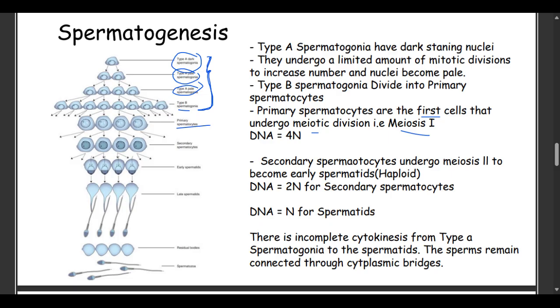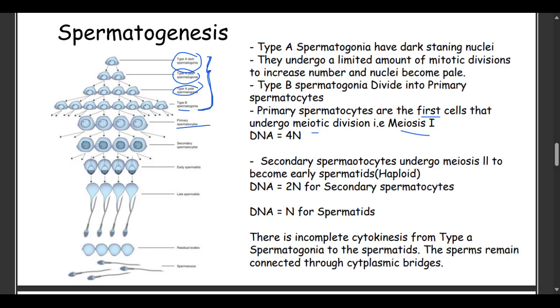Then the number of the DNA for secondary spermatocytes is going to be reduced. You're going to move from diploid to haploid. So primary spermatocytes are going to be diploid, while secondary spermatocytes are going to be haploid.